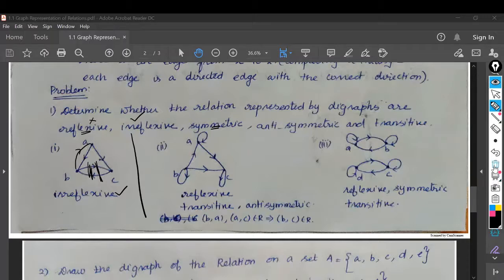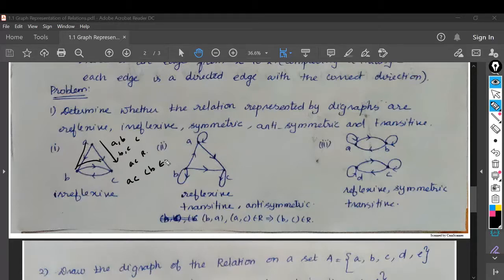Now we shall discuss transitive. Let's see AB, BC. AB, BC belongs to R, and in this way AC belongs to R. So one condition is satisfied. Is there any other like that? See here, AC and CB.